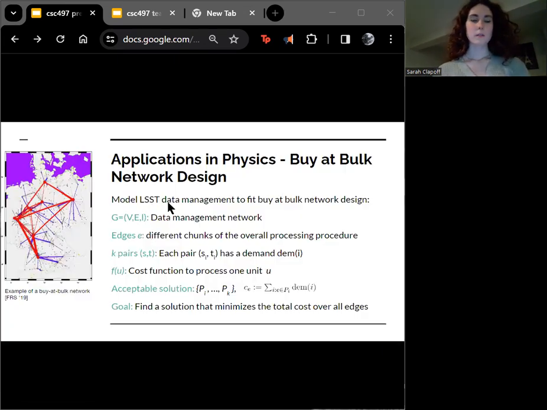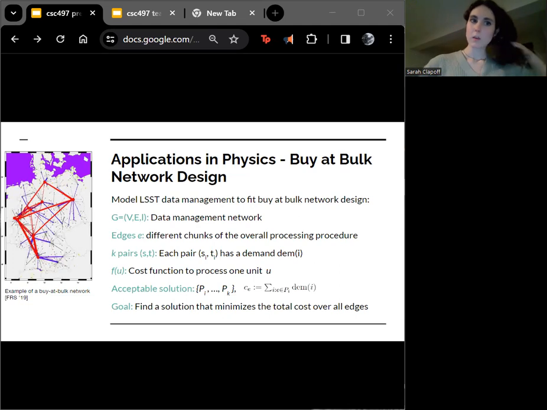So to model the data management of this LSST survey, we're going to modify the buy-at-bulk network design problem to fit our LSST model.